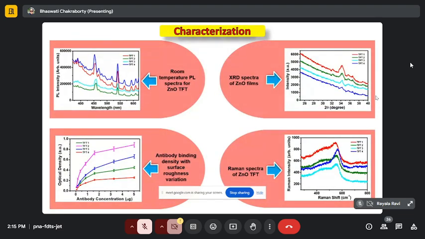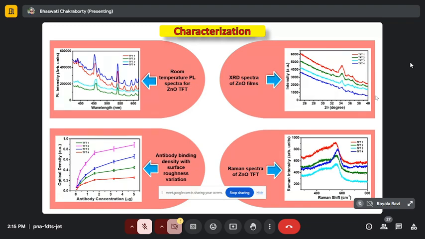If we consider the characterization techniques here, the PL spectra show two main peaks. One is NBE, the near band edge emission, which is due to near band excitonic recombination in the zinc oxide. And there is DLE, the deep level emission, a peak which happens due to the presence of oxygen vacancies.